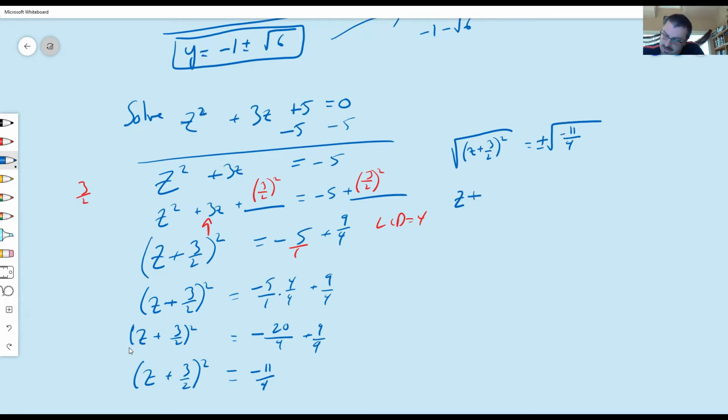So z plus 3 halves equals plus or minus. Since it's a negative on the inside, that negative means we get an i. The square root of 11 divided by the square root of 4.